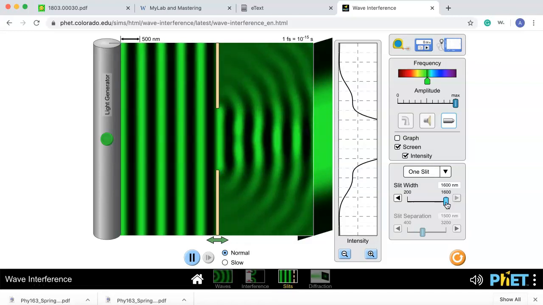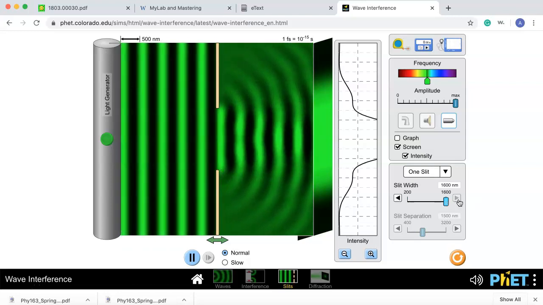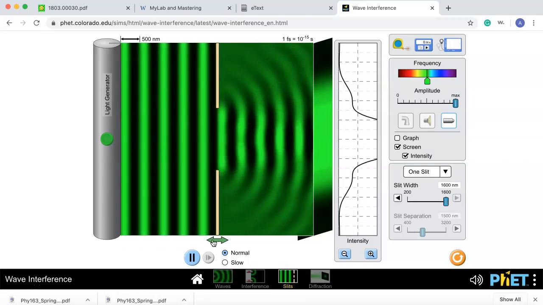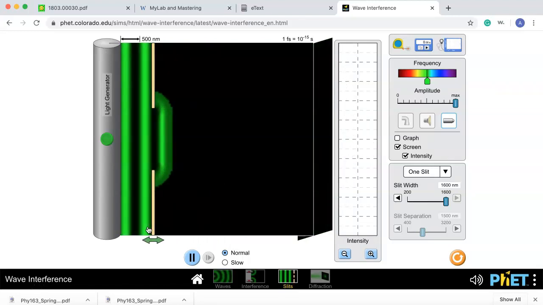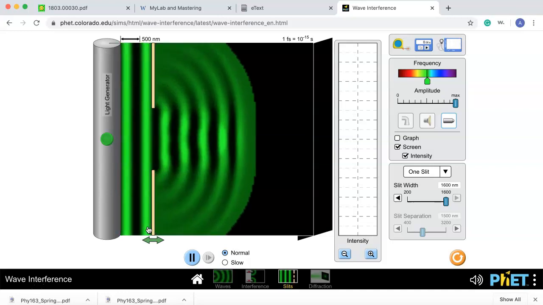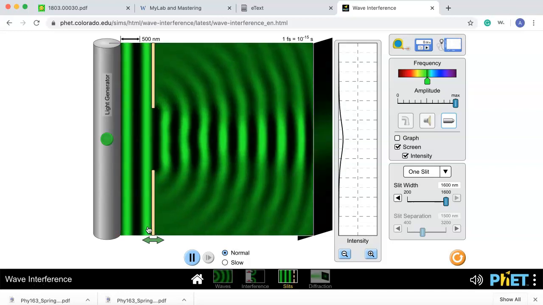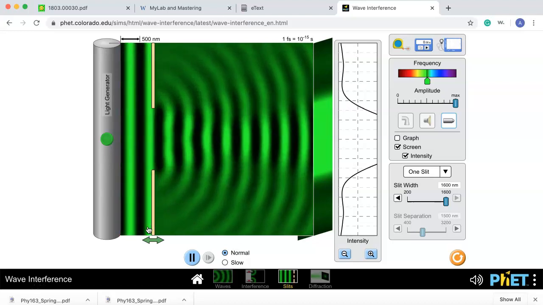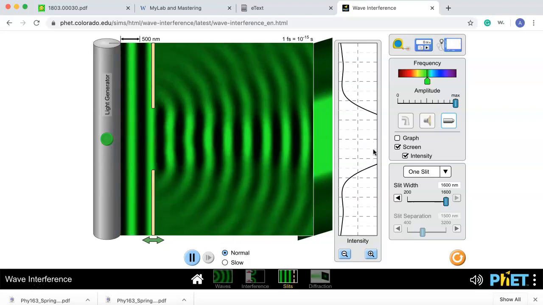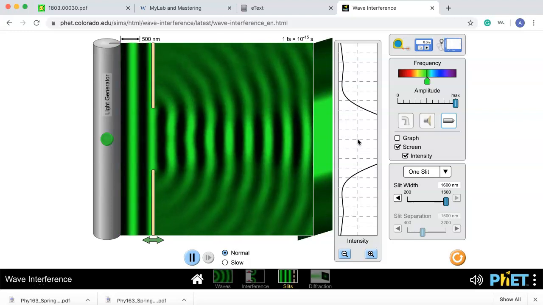So we experimented with the width of the slits. Let's move the barriers, so we change L, the distance between the screen and the slit. Again, it seems that these things got shifted away from the central.